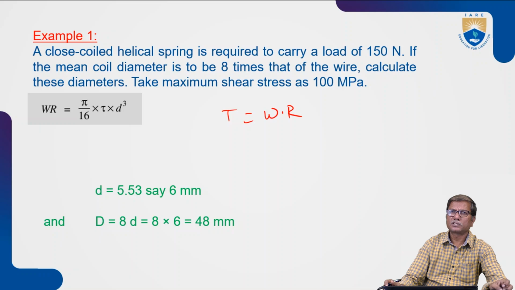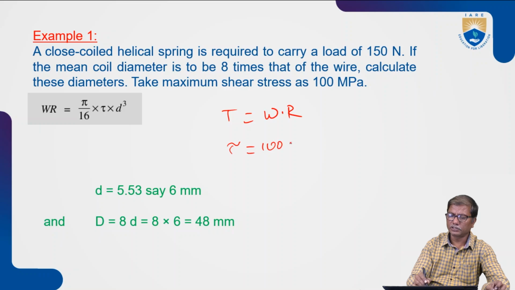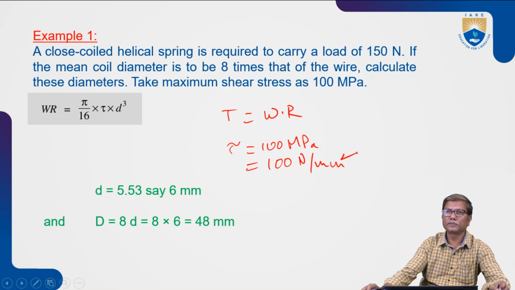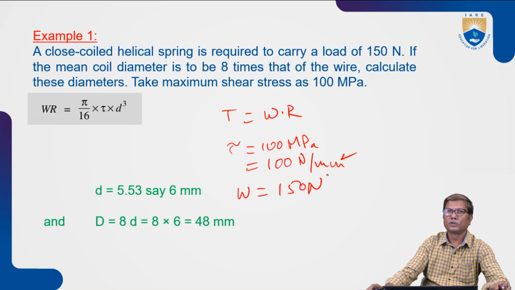The maximum shear stress is given already in the problem. It is given as 100 megapascals. 1 megapascal is 1 Newton per mm square. So tau is 100 Newton per mm square, and the axial load W is 150 kilonewtons.